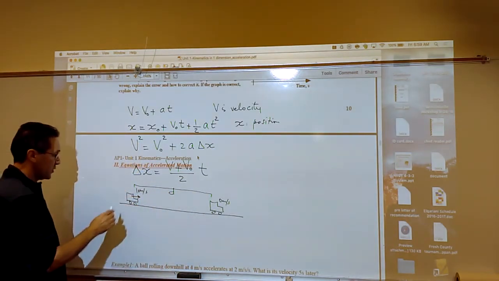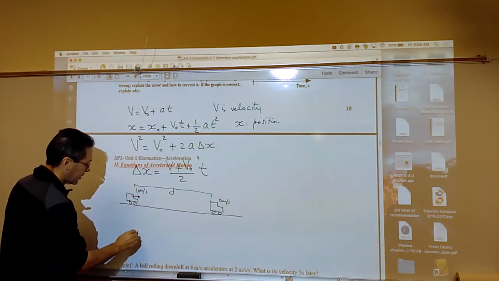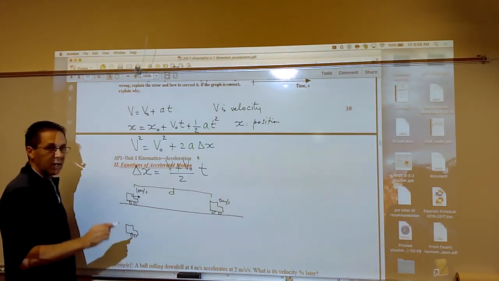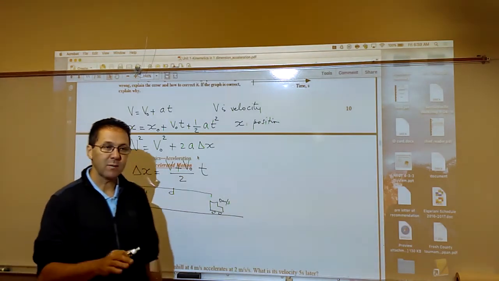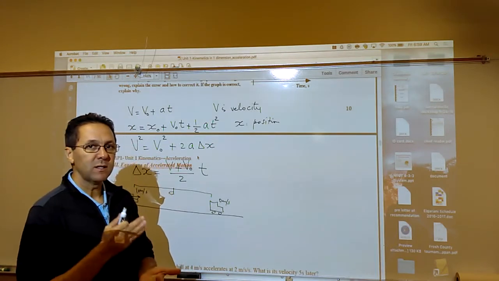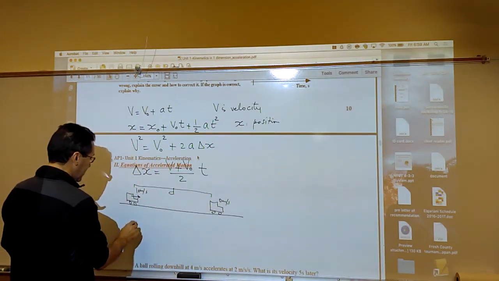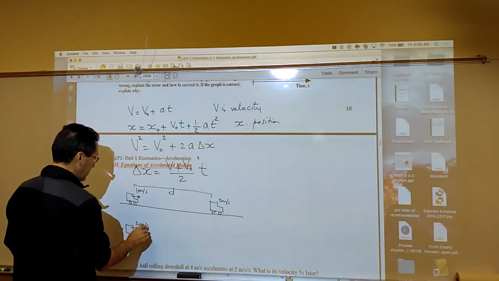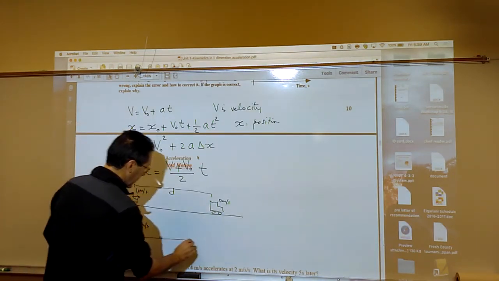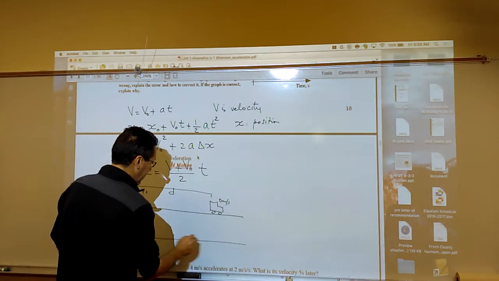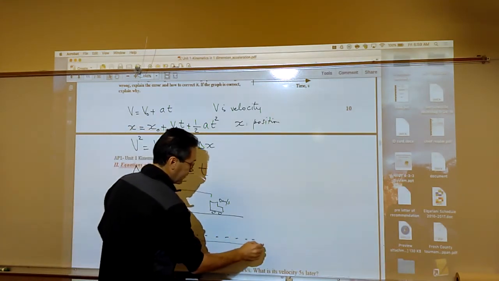Okay? Now, assuming the same road conditions, and I'm going to put my foot on the brake the same exact way, in other words, the same deceleration, but this time I'm going at twice the speed. So instead of 10, I'm going at 20. And I'm going to come to a stop.